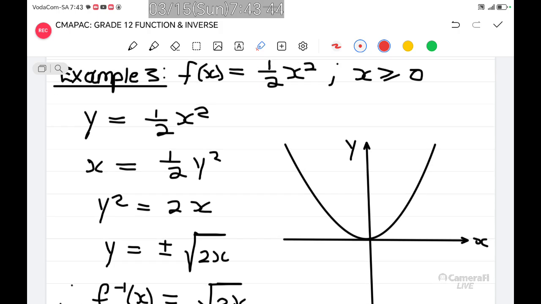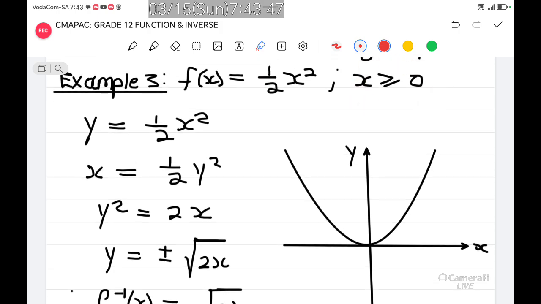They have said x is restricted. X is greater than or equal to 0. So 0 is here and x greater than 0 is this side. It means we don't have this part, so you have to erase this part. The graph does not exist here. So the graph of the parabola only exists on this one.